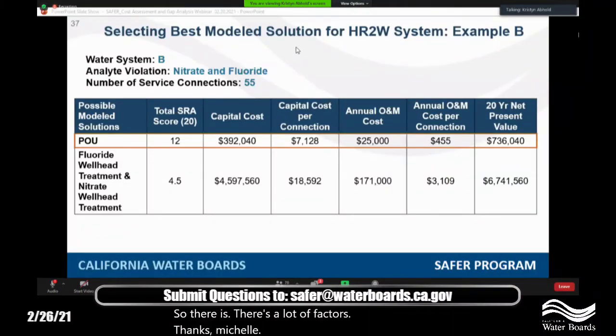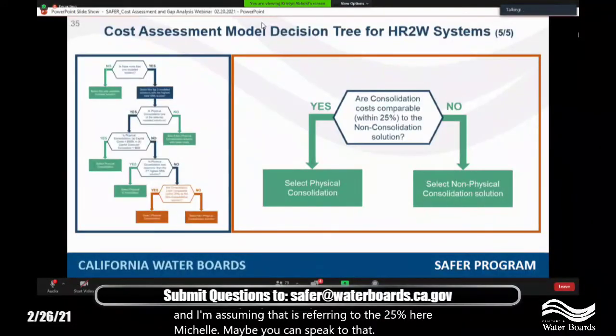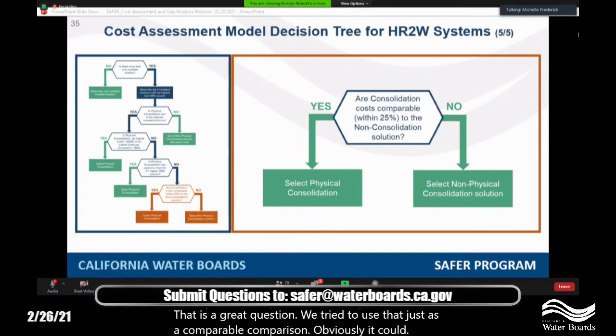We have another question from an anonymous attendee, which was asking, why was 25% selected? I'm assuming that is referring to the 25% here. Michelle, maybe you can speak to that. That is a great question. We tried to use that just as a comparable comparison. Obviously, it could be other numbers.